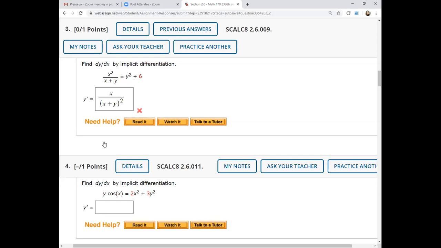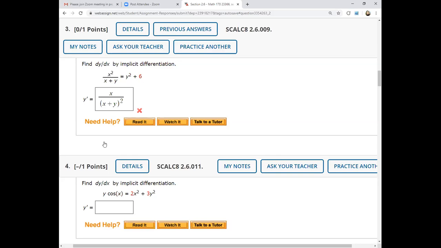So I'm going to get cosine x dy dx minus 6y dy dx equals 4x plus y sine x.